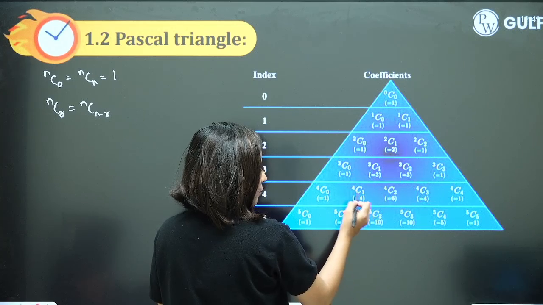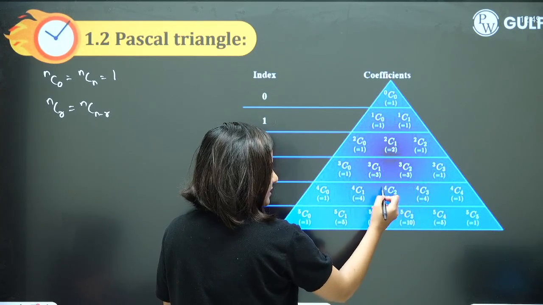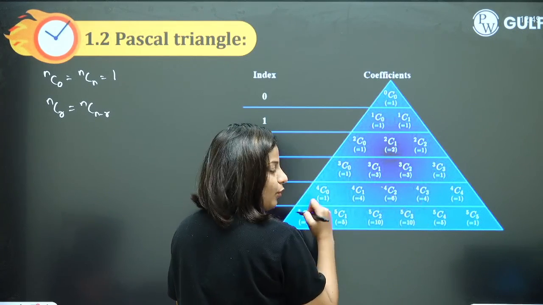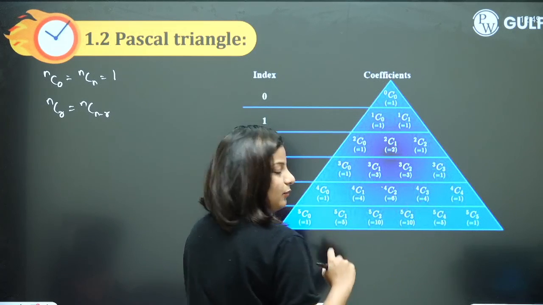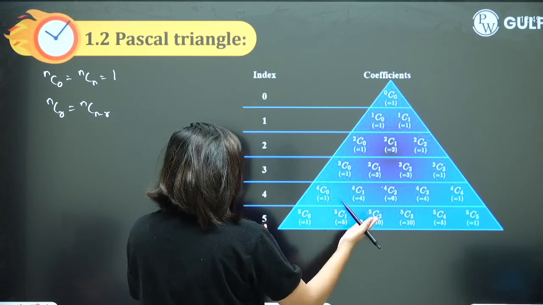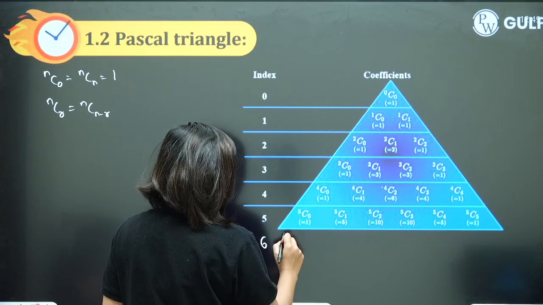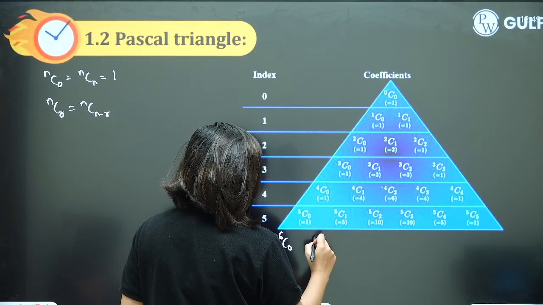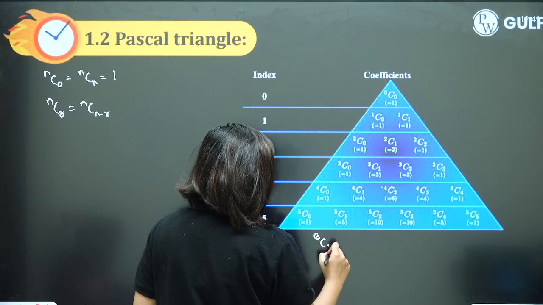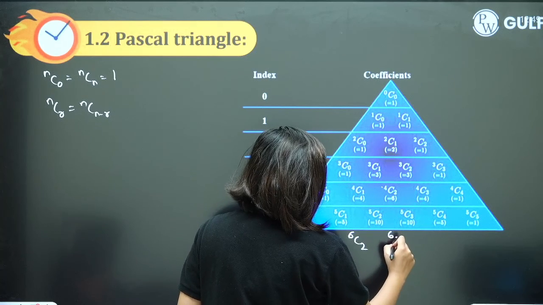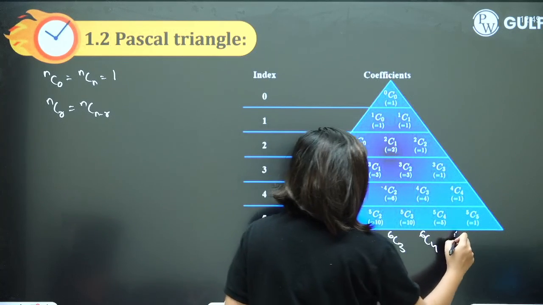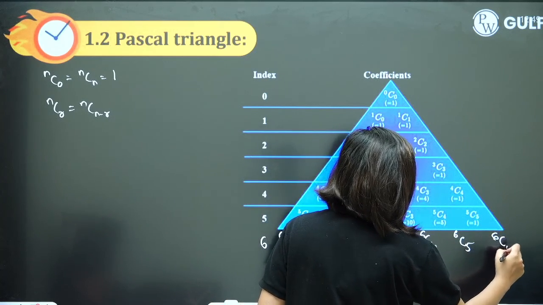In place of 4, 4C1, then 6 is 4C2, 4 is 4C3, and 1 is 4C4. So there's a pattern. Now if I want to write for 6, I can write 6C0, 6C1, 6C2, 6C3, 6C4, 6C5 and 6C6.